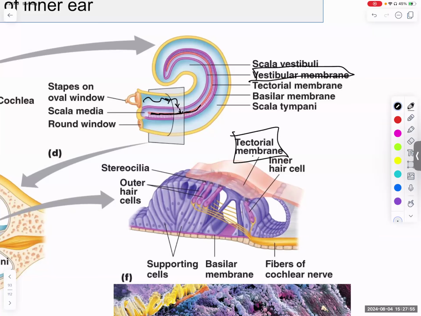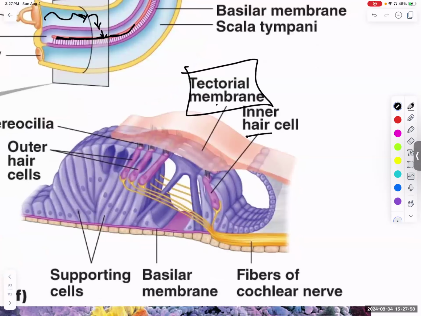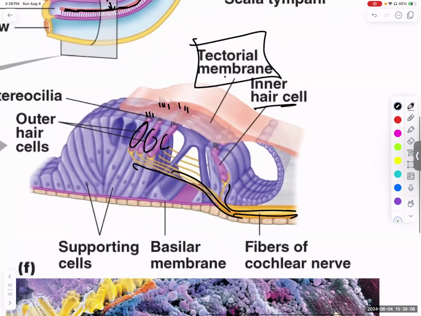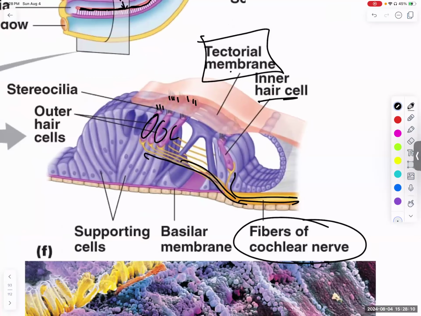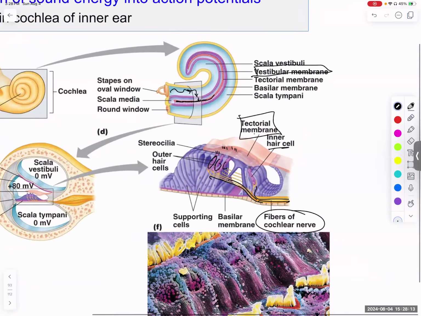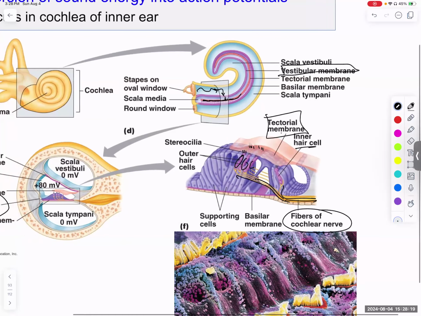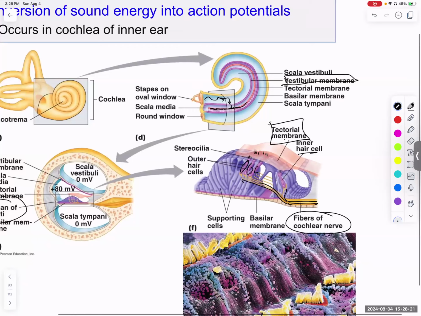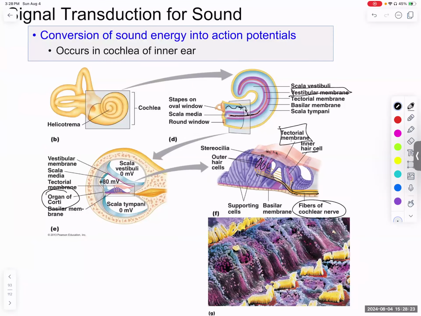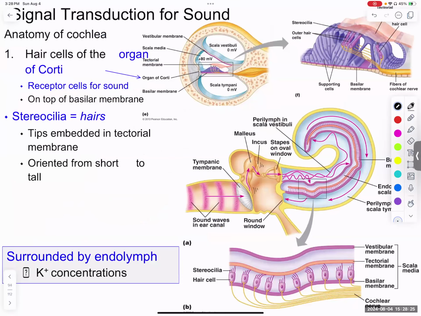The organ of Corti is where you have these little inner hair cells embedded in the tectoral membrane. And then you have the outer hair cells, which have the axons that are going to become the cochlear nerve. So all of these little hair receptors have axons that become part of the vestibulocochlear nerve, and that complex is called the organ of Corti.